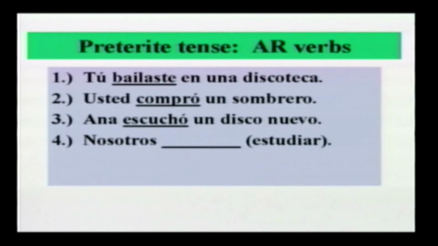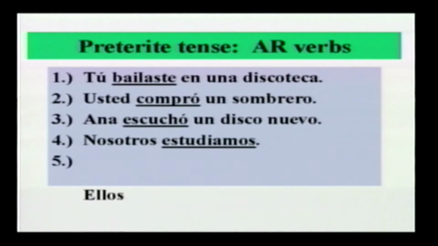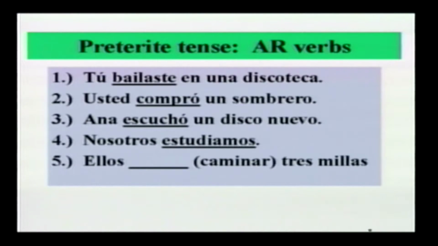Number 4. Nosotros. Who is studying? Or who studied? We studied. Estudiamos. And number 5. Ellos caminaron 3 millas. They walked 3 miles.